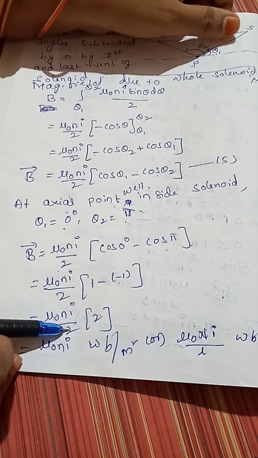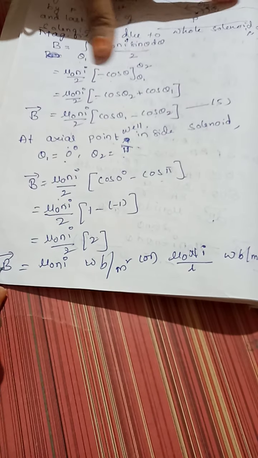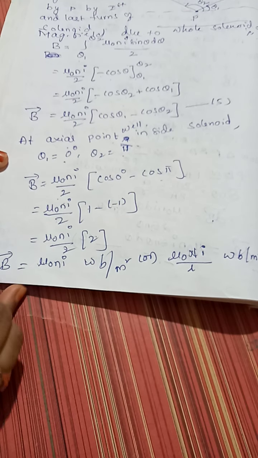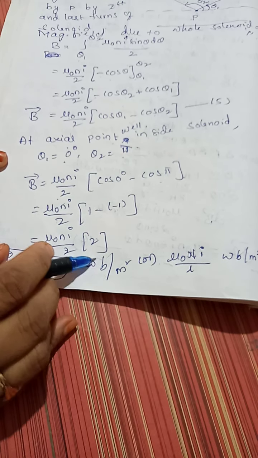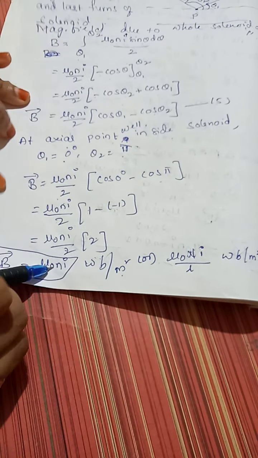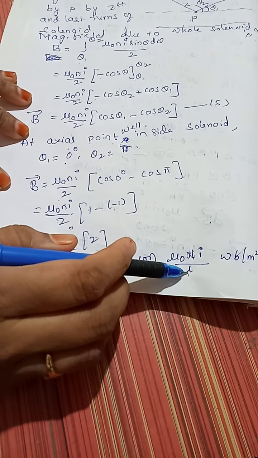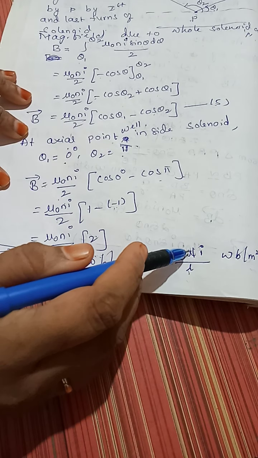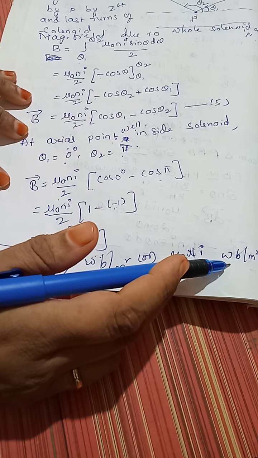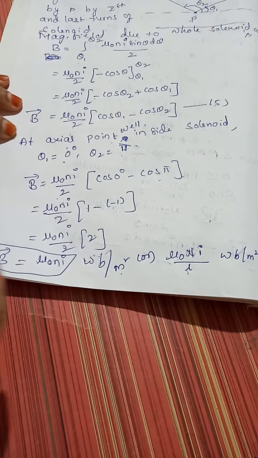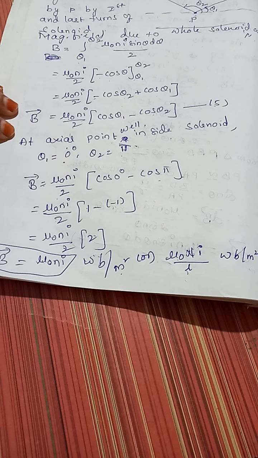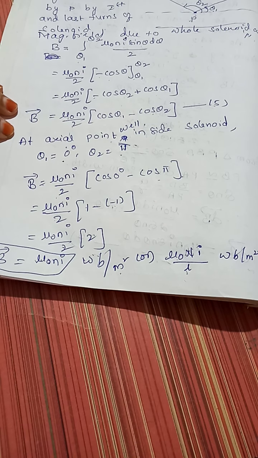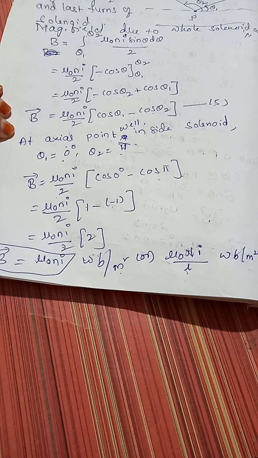The 2 strikes off. So now the equation becomes B equals mu naught n I, the required equation, in Weber per meter square. In place of n you can substitute capital N by L, the number of turns per unit length. So mu naught N I by L Weber per meter square is the required equation for the point inside the solenoid.